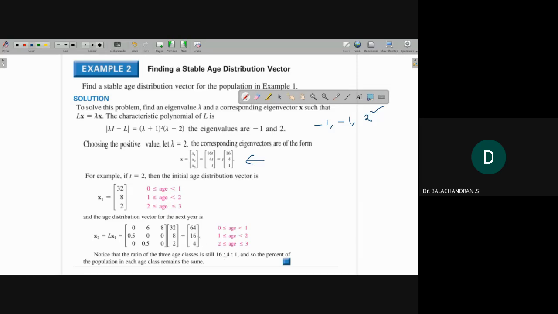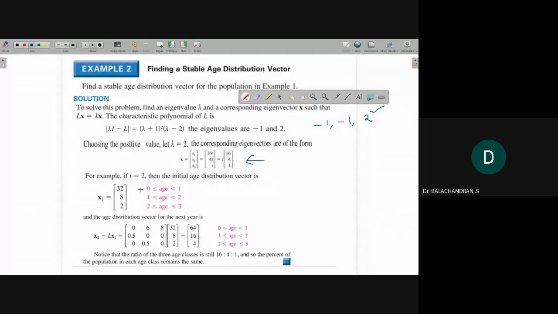They are in the ratio 16 is to 4 is to 1, both times. So the percent of the population in each age class remains the same.